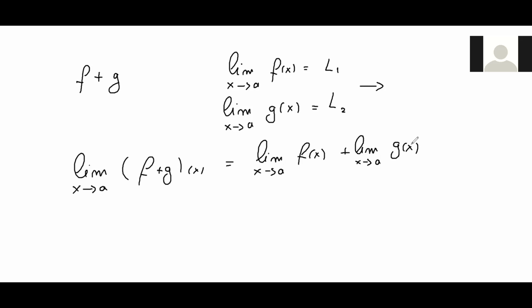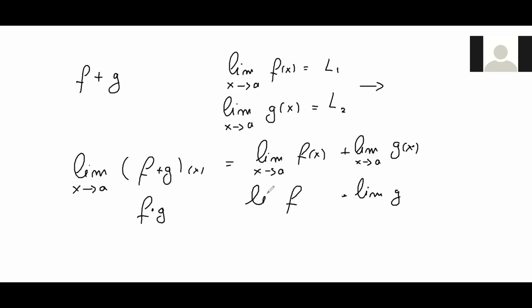And that goes by extension. So this strategy goes by extension. You can replace the addition sign here by multiplication, and you still get a true rule. That's going to be the limit of f times the limit of g.